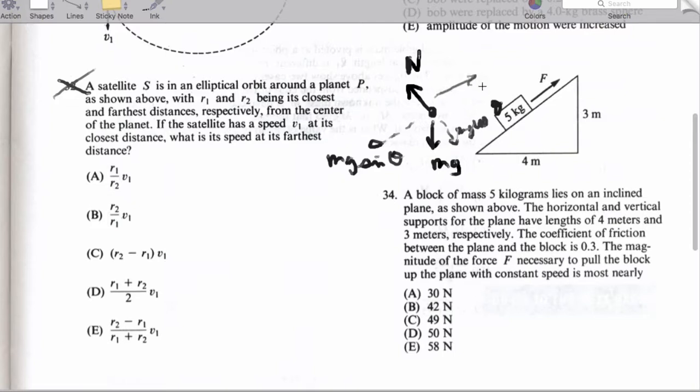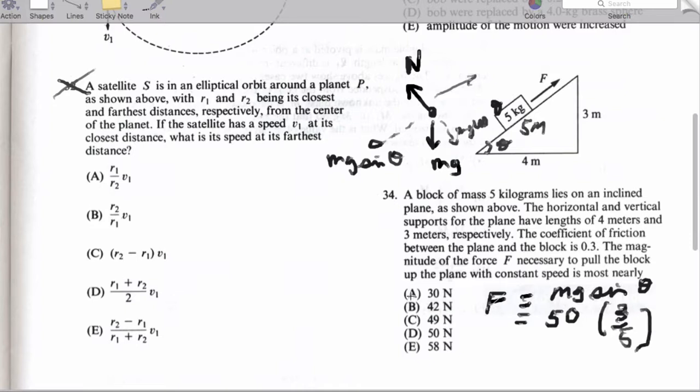So what that would mean here is that F has to equal mg sine theta. This is a 3, 4, 5 triangle. And this is theta. So that means F is going to be 5 times 10, which is 50. The sine of theta is going to be 3 over 5, and that's how I'm going to get a 30 Newton force.